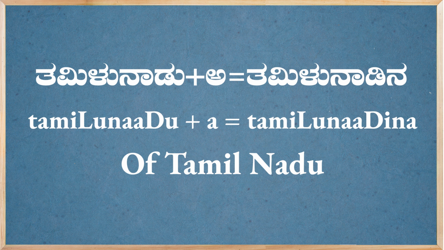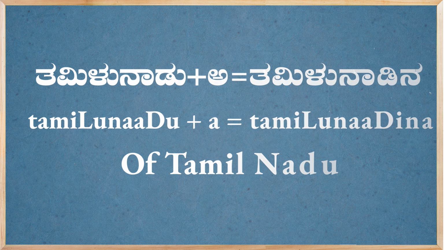Tamil Nadina, of Tamil Nadu. This rule also extends to borrowed words which often adopt the same possessive markers as native words. As you can see, the possessive form of borrowed words like college follows the same pattern as native words, showcasing the language's consistency and flexibility.